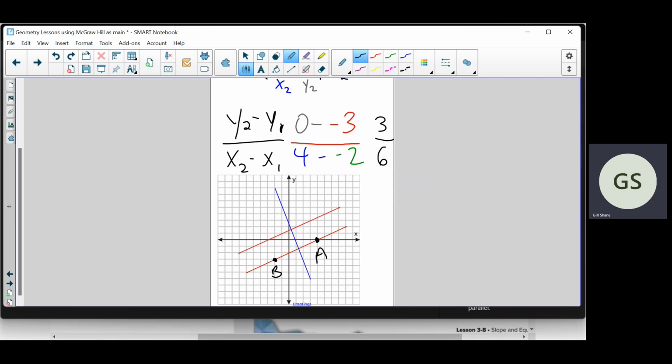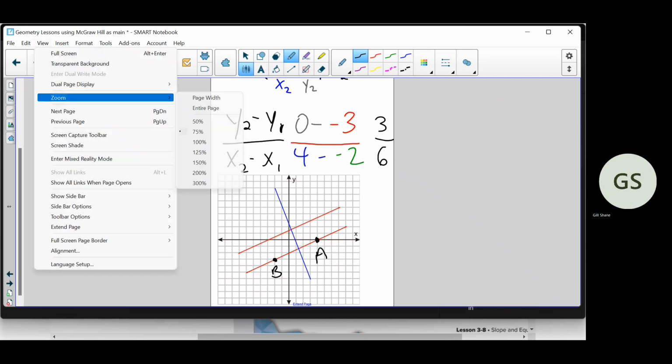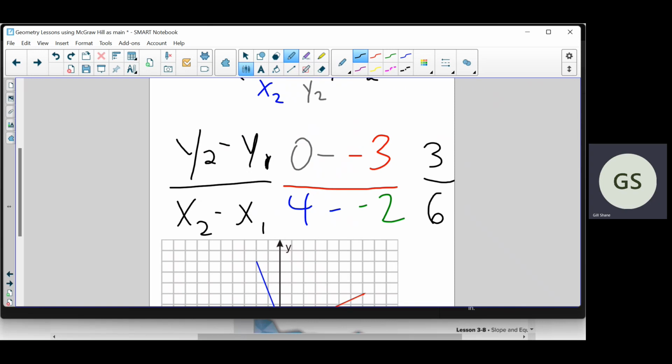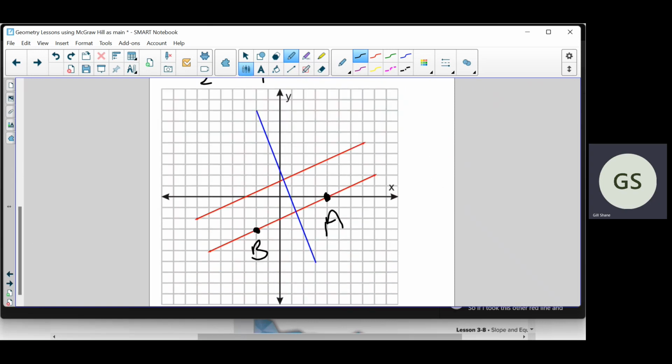If two lines have the same slope, so if I took this other red line on top, and I'm going to do a quick version of this. Can I zoom in? So if I took this other red line, let me just do rise and run since I already have a graph.